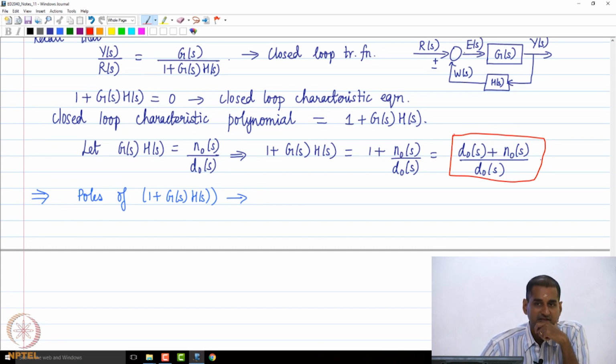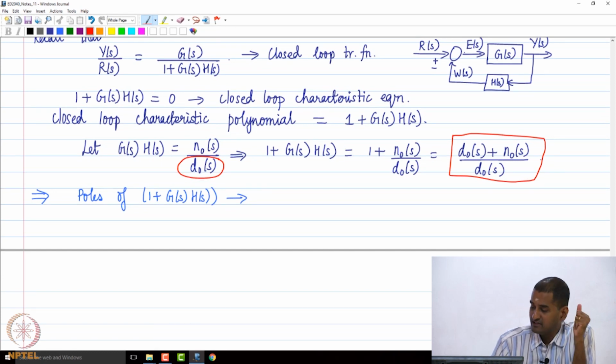D_O of s. What are the roots of D_O of s called? Poles of what? Open loop poles. Please remember that, because D_O of s is the denominator polynomial of the open loop transfer function. So immediately you see that the poles of 1 plus g of s h of s are the open loop poles.